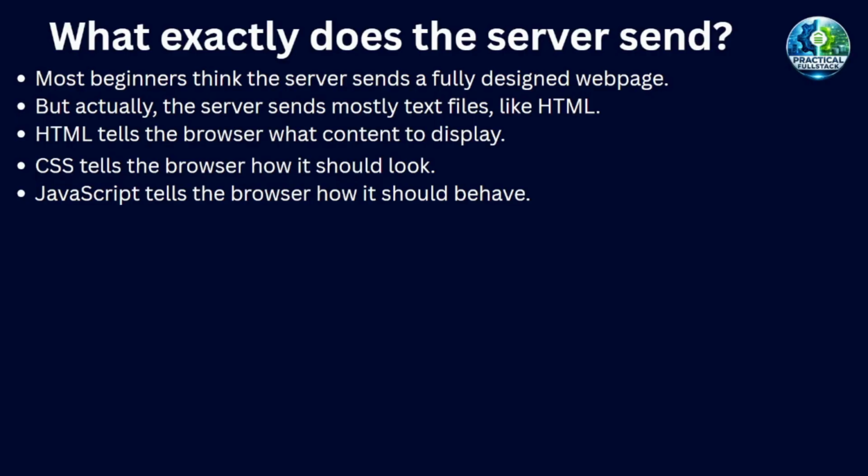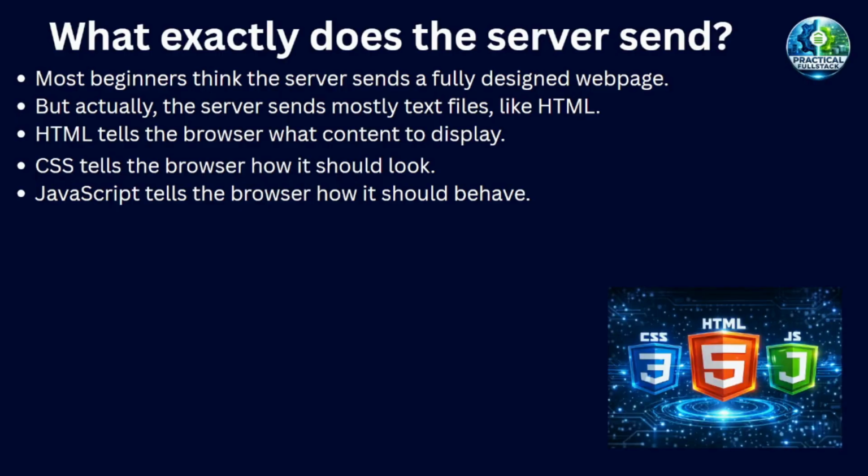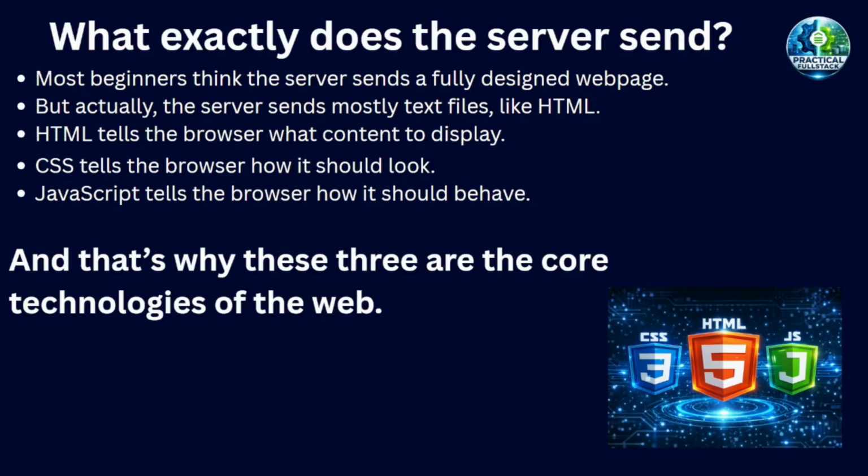We'll learn more about this in the upcoming videos. So, when your browser receives these files, it combines them together and builds the web page you see on your screen. That is why HTML, CSS, and JavaScript are considered the three core technologies of the web.